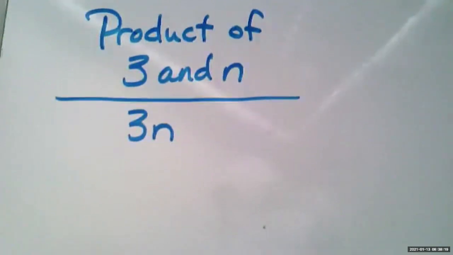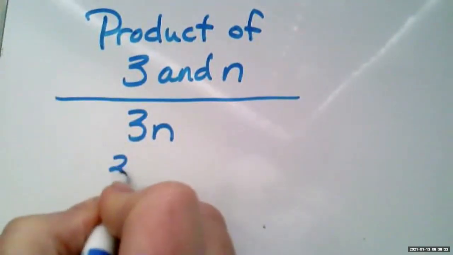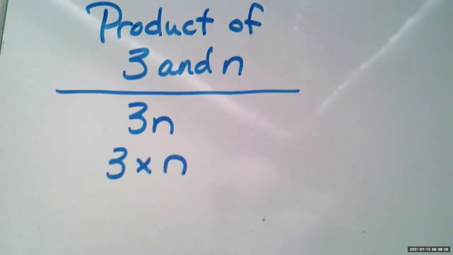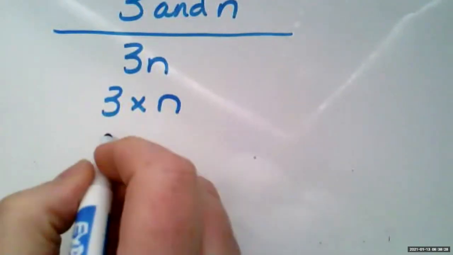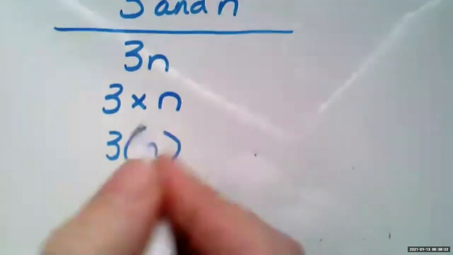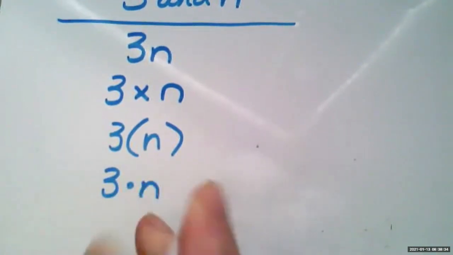One of you said, I write 3 times n. Yes, that is also correct. If you put 3 and n in parentheses, that is also correct, or 3, a dot, and an n.